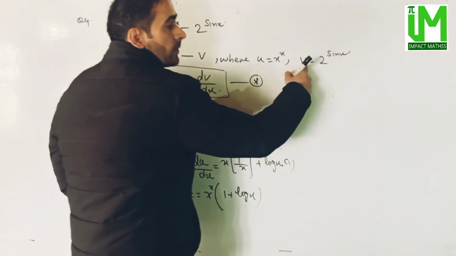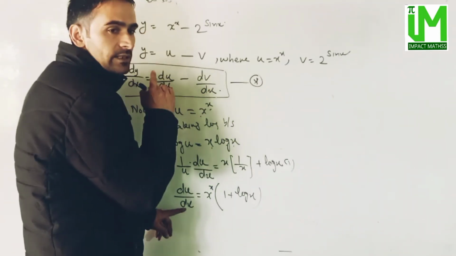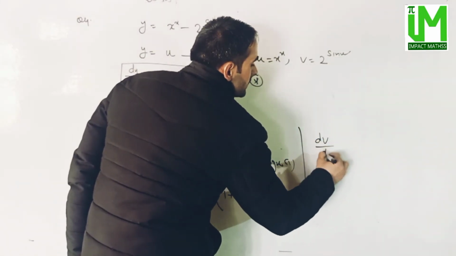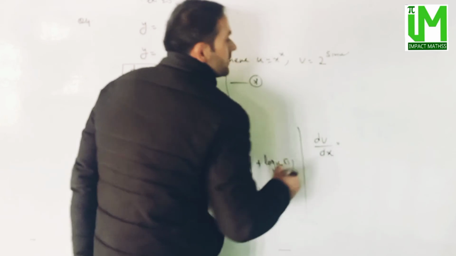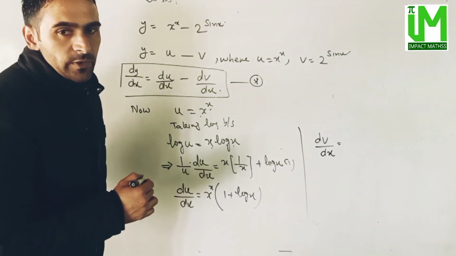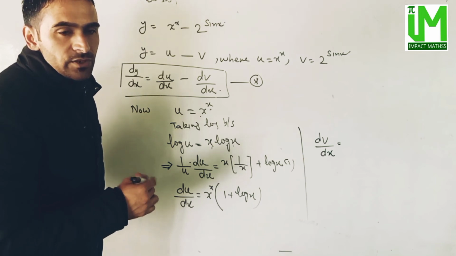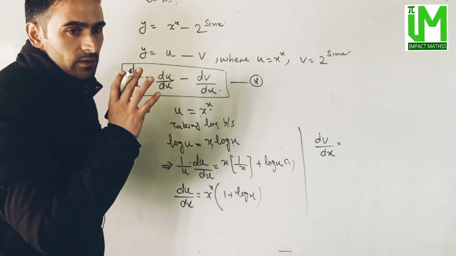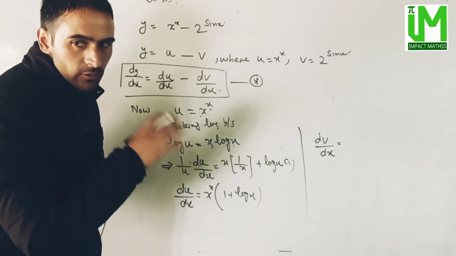We have to compute the value of dv by dx as well. What will be dv by dx? We can solve it without log, but we can also apply log and solve it.